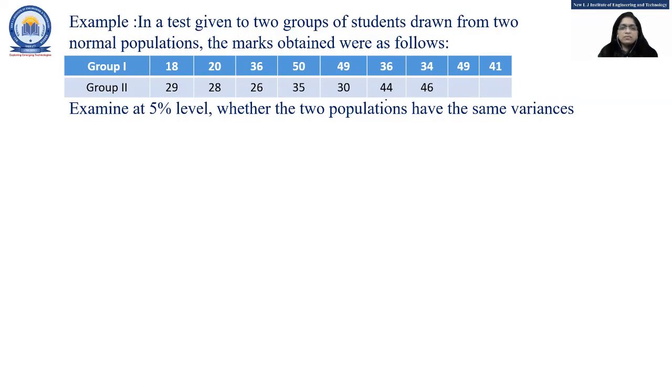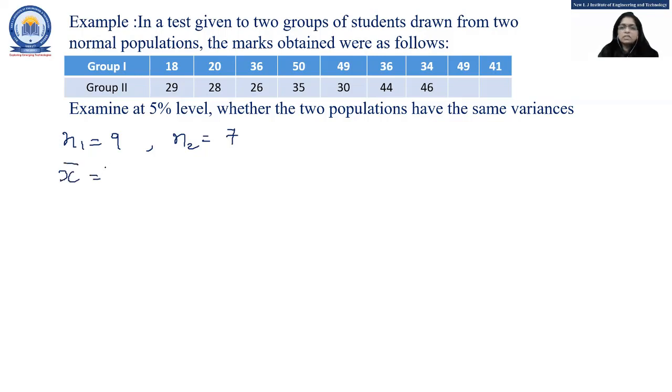It means in the first group there are total 1, 2, 3, 4, 5, 6, 7, 8, 9 students, right? So in one group there are 9 students and in another group there are 7 students. So your n1 is 9 and n2 is 7.